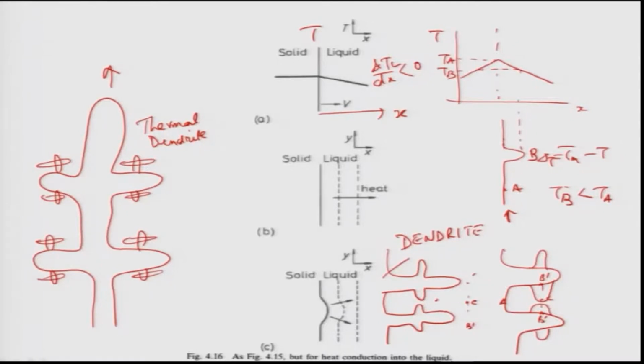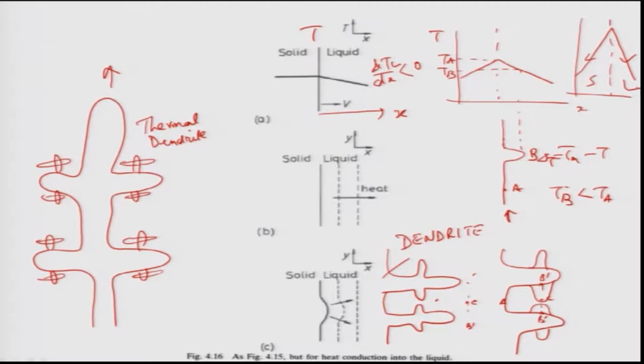So again, if I want more heat transport from the solid to the mold wall, I need a very high temperature gradient. Therefore, if I draw a curve like this, the temperature gradients are much higher both in the liquid and solid. Because of that, the heat transport will be very fast both in the liquid and solid, and this will lead to faster growth of dendrites, and that is what is done in rapid solidification.